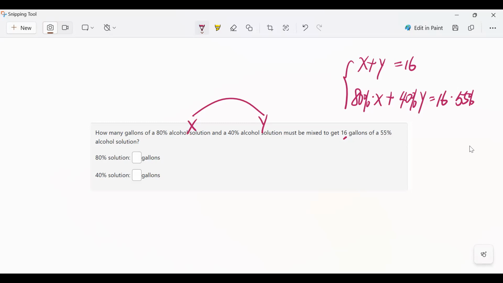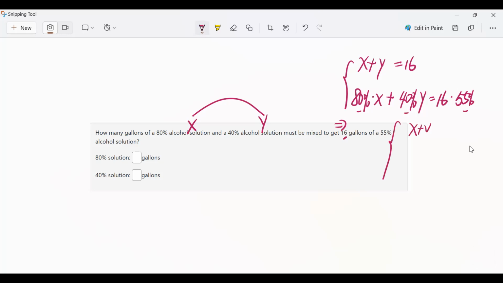Yeah, let's double check. 16 times 0.55. It's 8.8. So basically we get this equation here. So we're turning all this percentage into decimal numbers first.